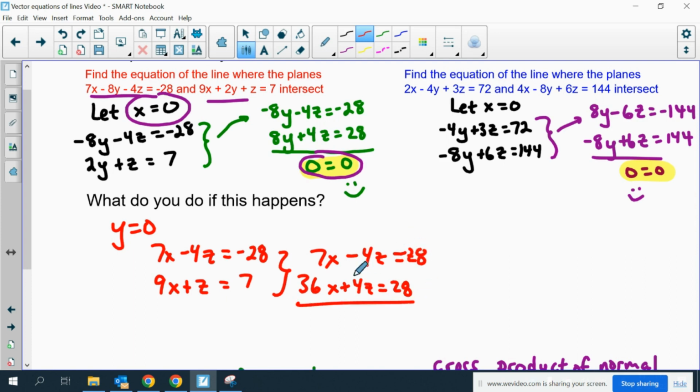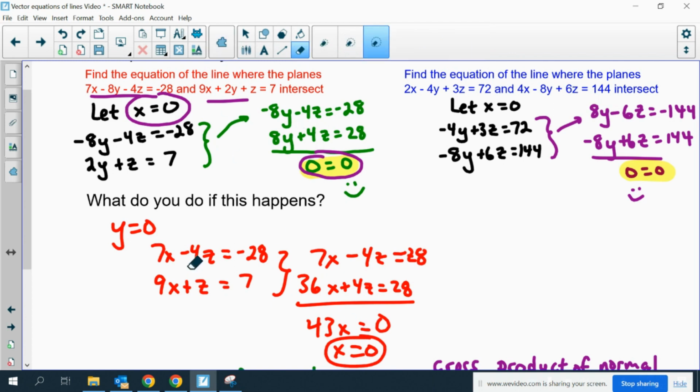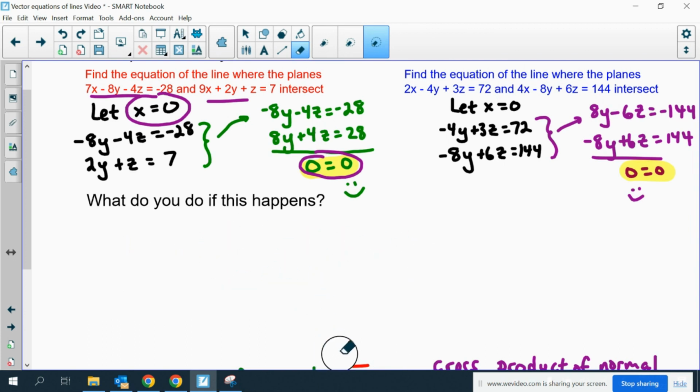Negative 28. The z's go away. I have 43x equals 0. So x did prove to be 0. So now I have x is 0, y is 0, and z must be 7 after I plug in 0 for x, right? So x must be 0.